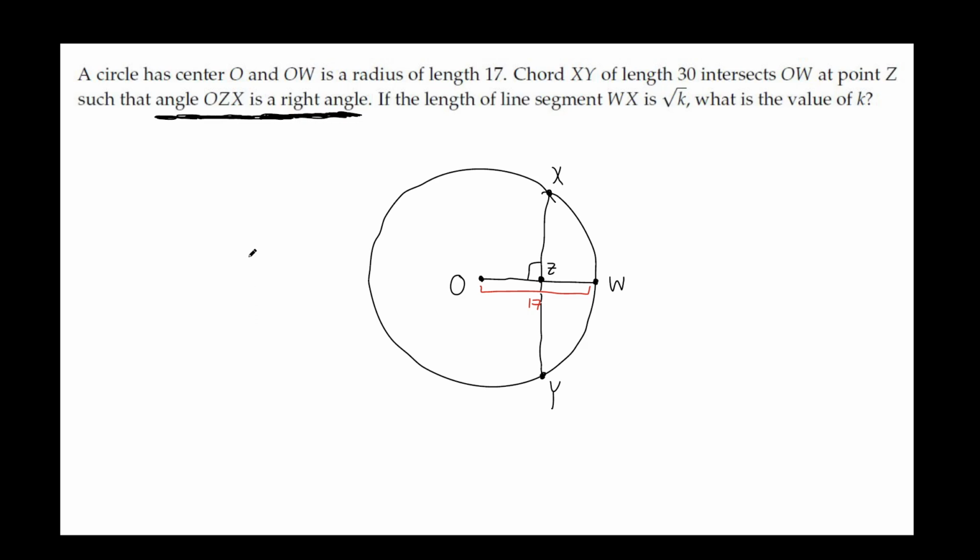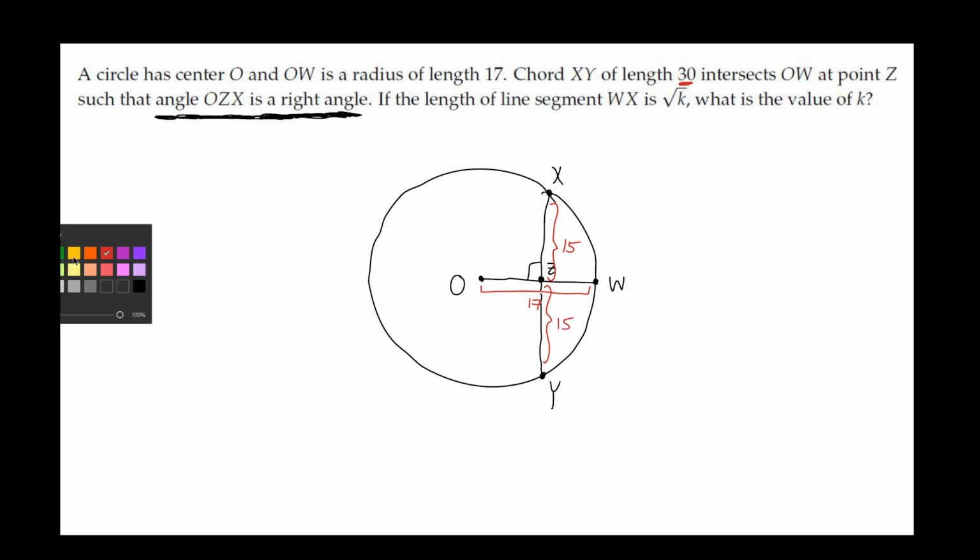One thing that I was supposed to remember from geometry class is that when you have a chord and it creates a right angle with a radius, it always is supposed to cut that chord in half. So what I'm supposed to remember here is that this 30 right here is actually 15 here and 15 here.